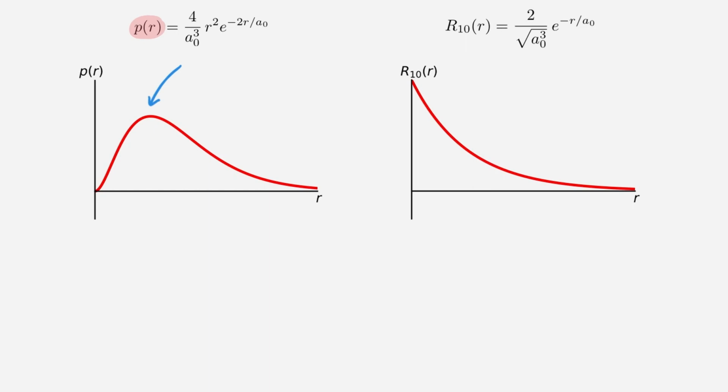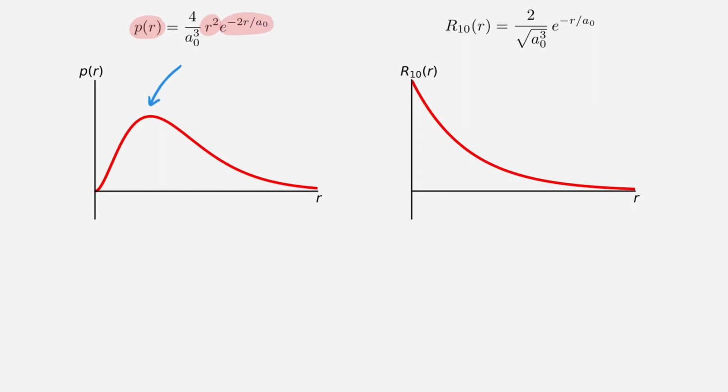Mathematically, the growth of the spherical area as we move away from the origin is captured by this r squared term here. We then need to combine this purely geometrical effect with the actual shape of the wave function, which describes an exponential decay away from the origin as encoded by this term.